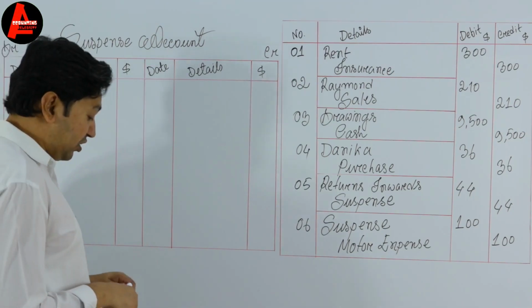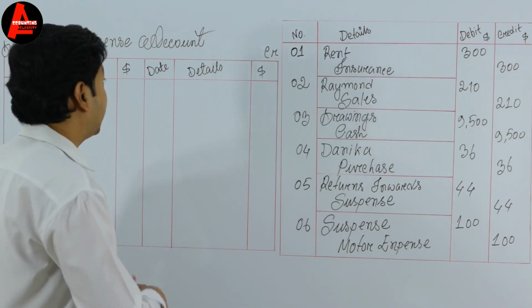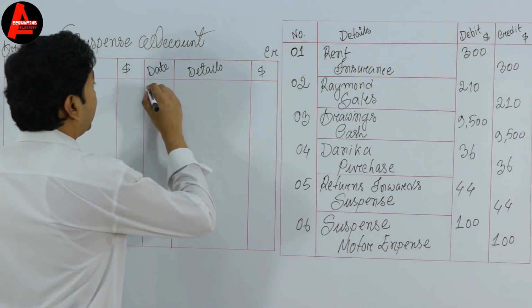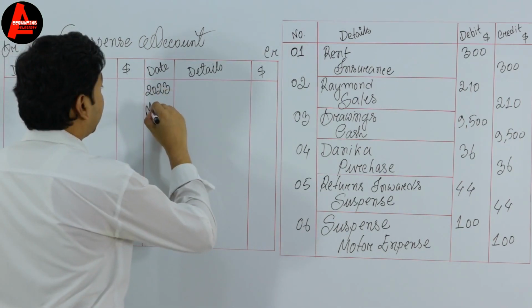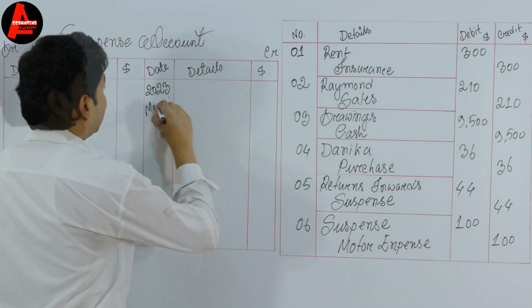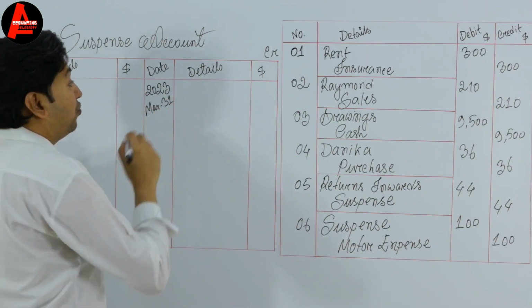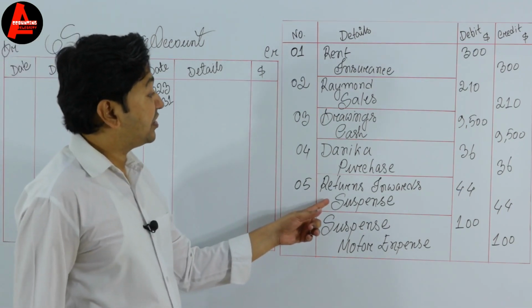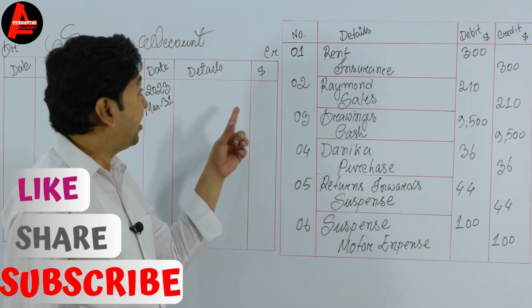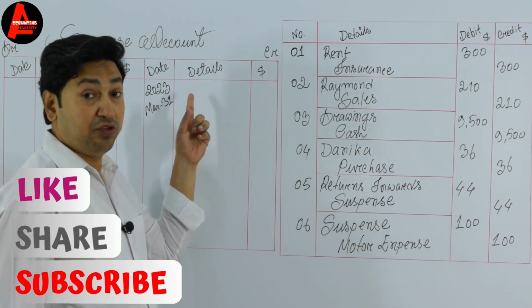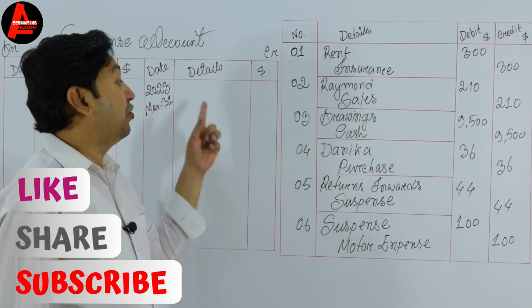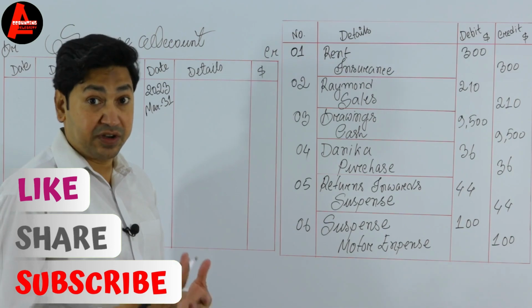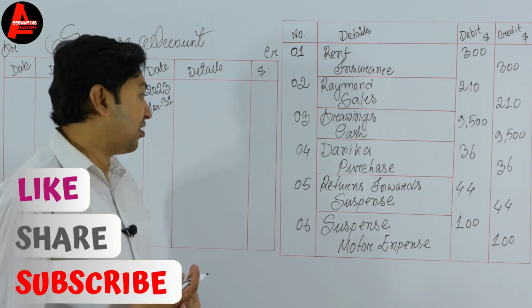Great. Now we need to write the date first. What is the date? 2023 March 31st. Now what will we write in the detail column? For number 5, the suspense account is credited, we came on the credit side, but what will we write in the detail column? We will write the corresponding account, the opposite account.